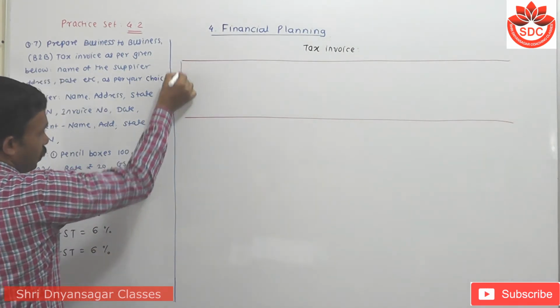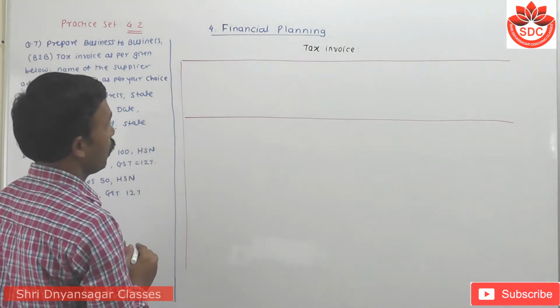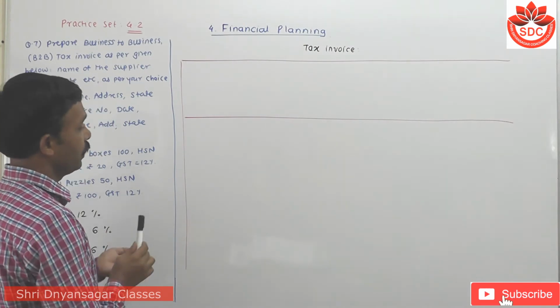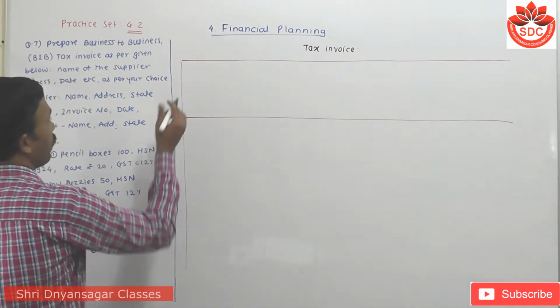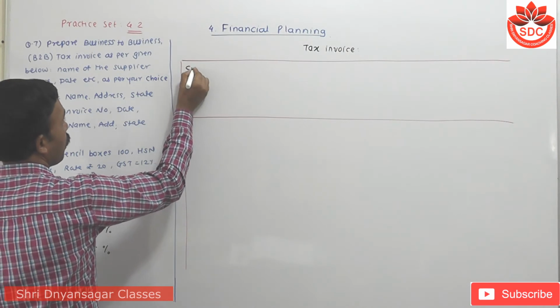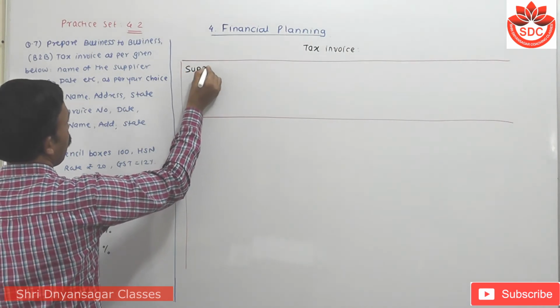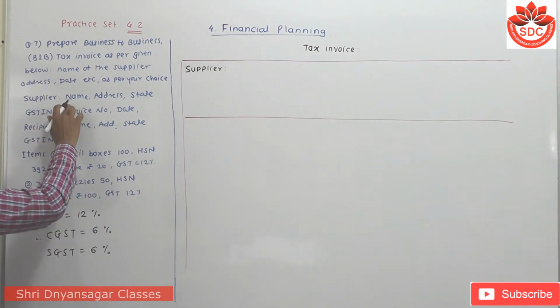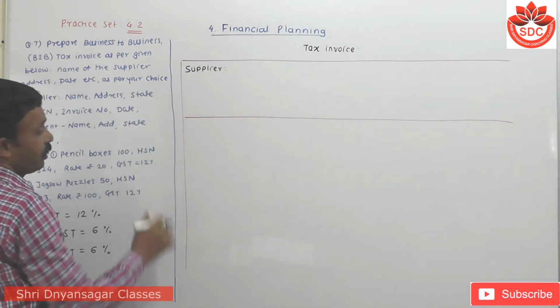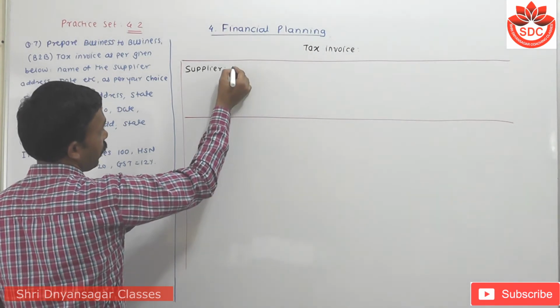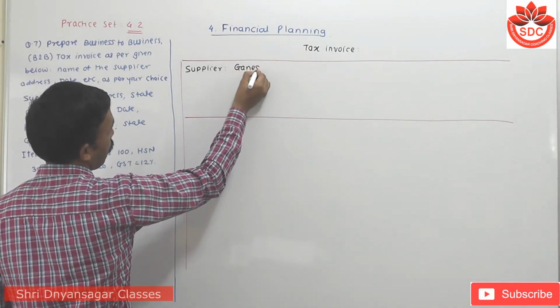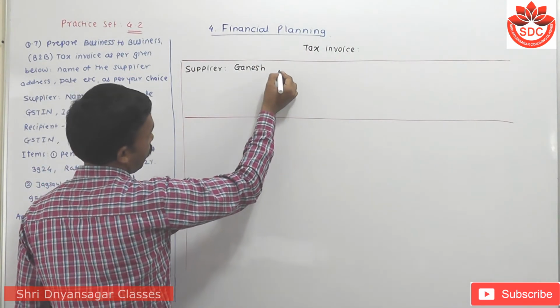Now suppose here, I have to write first the supplier. Now the name of that supplier, you have to take any by your choice. Suppose I take here Ganesh Enterprises.